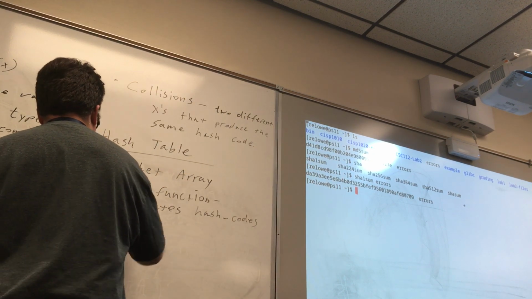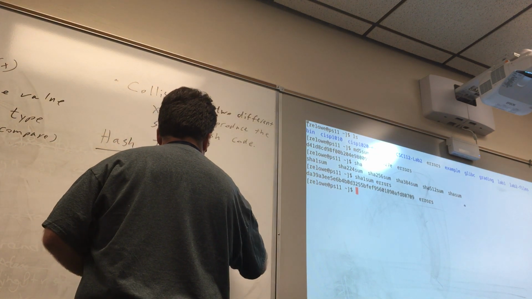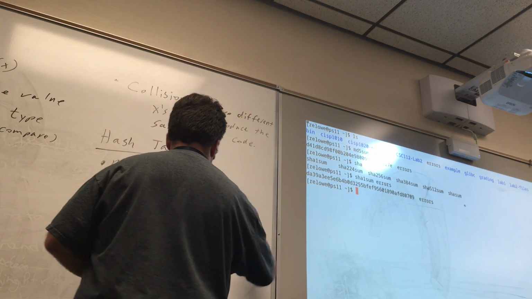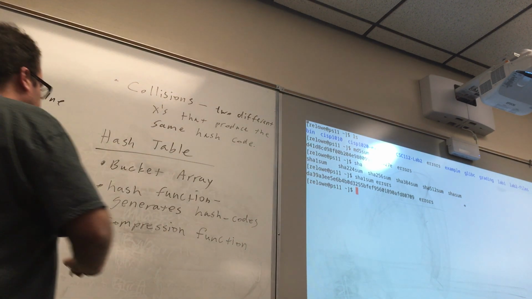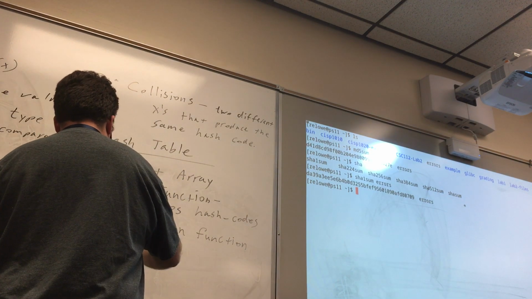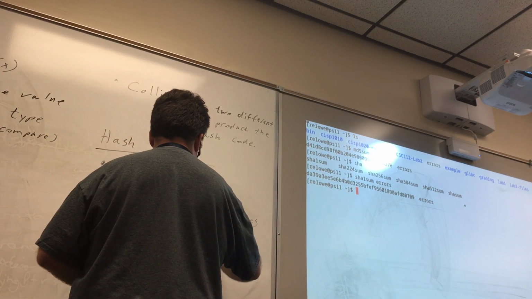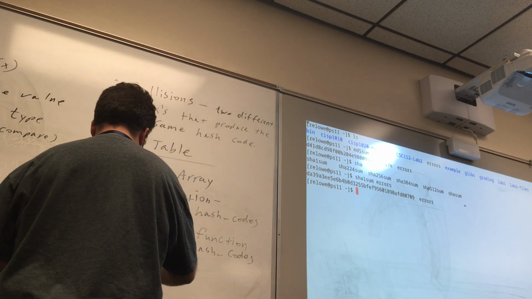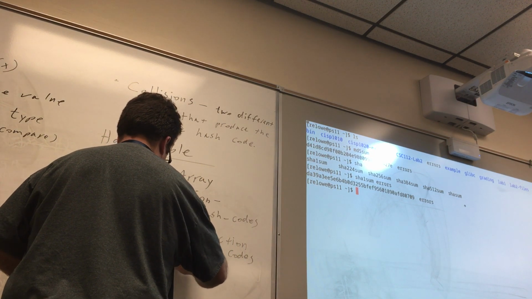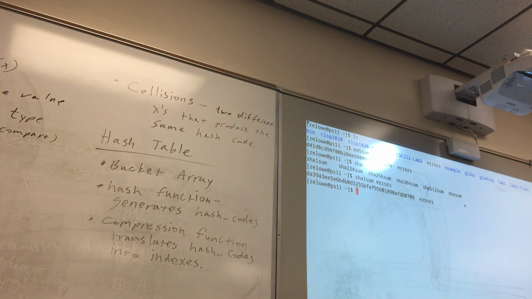And then we have a compression function. And the compression function translates hash codes into indexes. So if you have those three things, you have yourself a hash table.